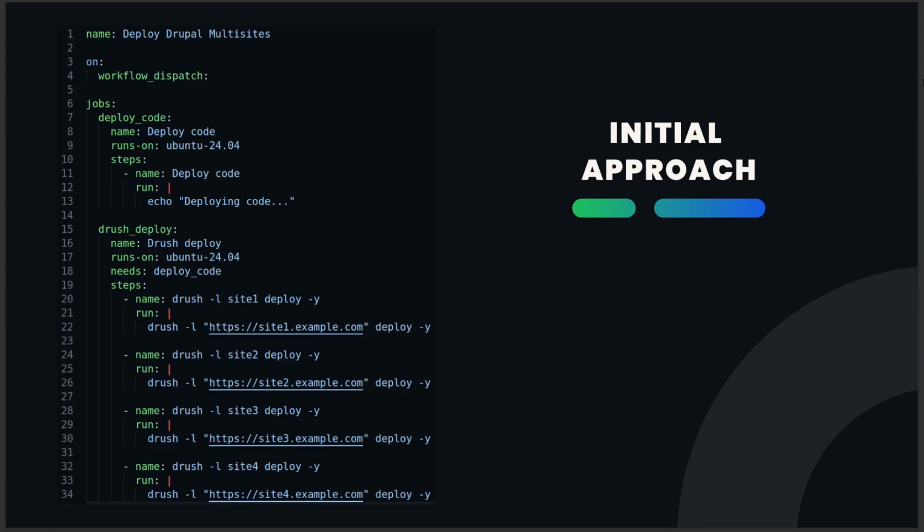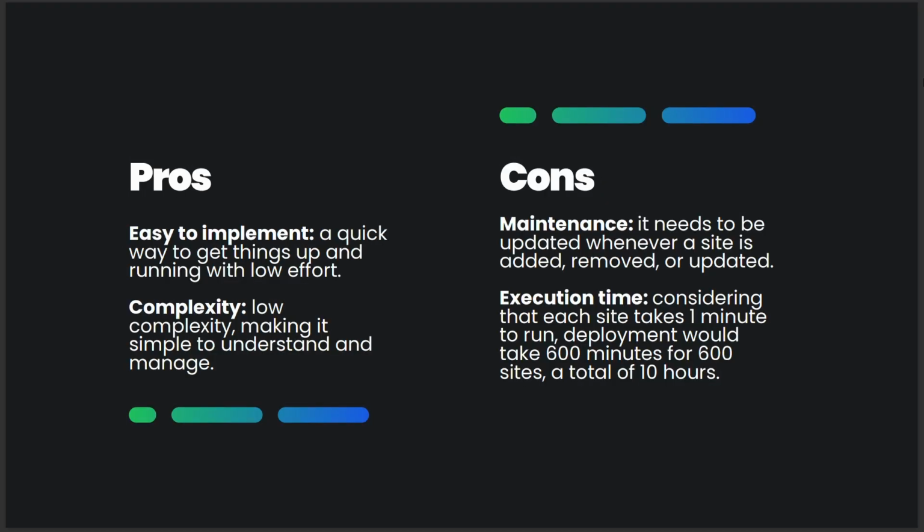But obviously there are issues with this. The first one is maintenance, because having 600 sites means that you're always adding new sites, deleting old sites, and updating existing sites. So you need to update this workflow file whenever something like that happens.